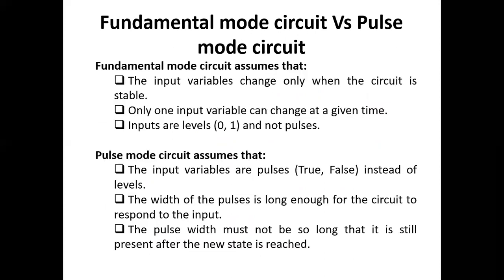A fundamental mode circuit assumes that the input variables change only when the circuit is stable. Only one input variable can change at a given time. Inputs are level 0 or 1 and not pulses. That is the level they are defining. A pulse mode circuit assumes that the input variables are pulses instead of levels.